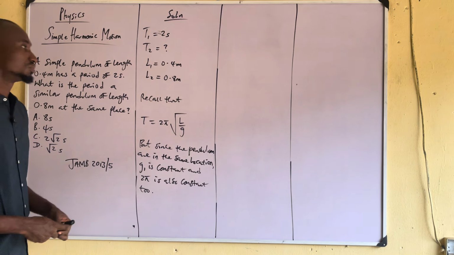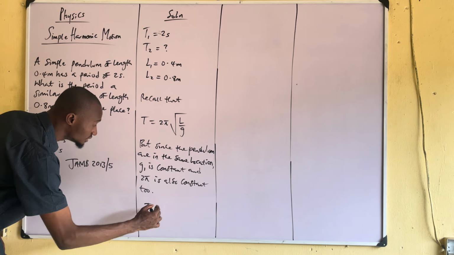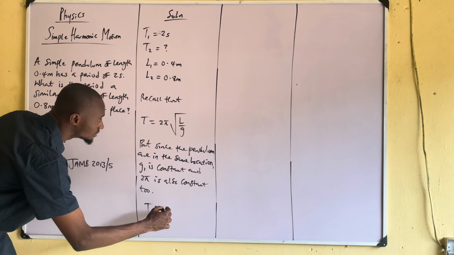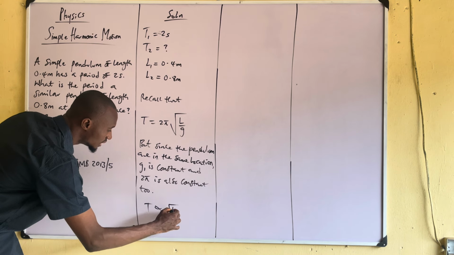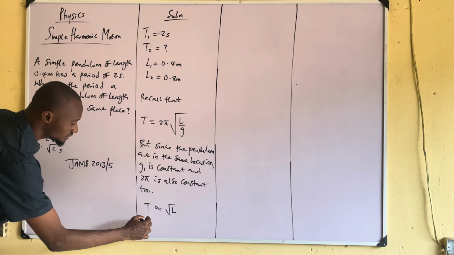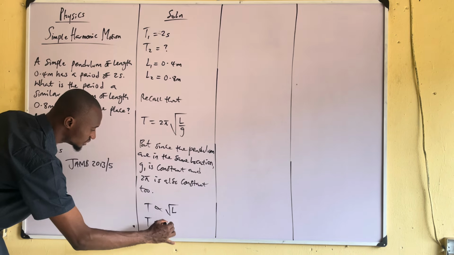So what are we going to do? We say T is proportional to root L, and this means T is equal to k root L.